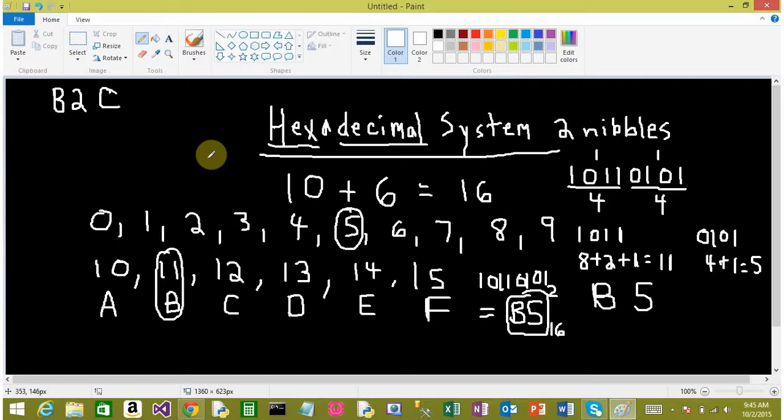at what the place values for each of these are. And since we're using base 16, we're going to be using the powers of 16 to convert this.